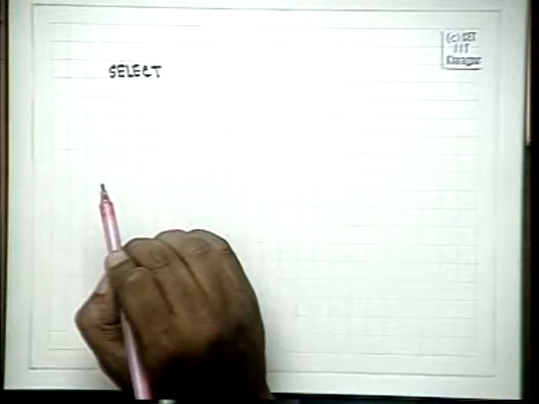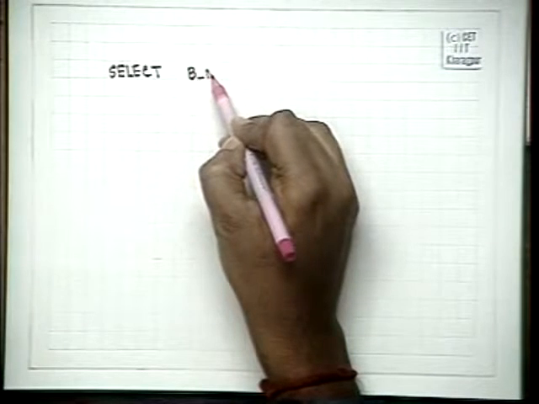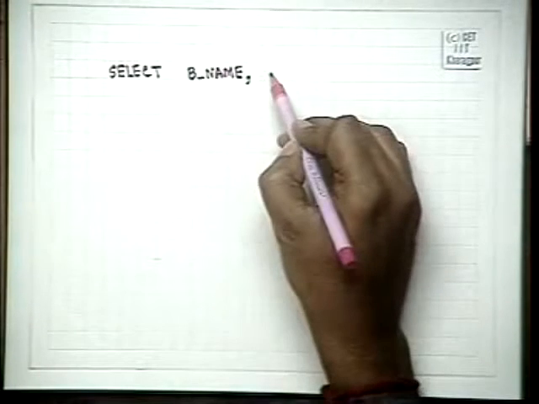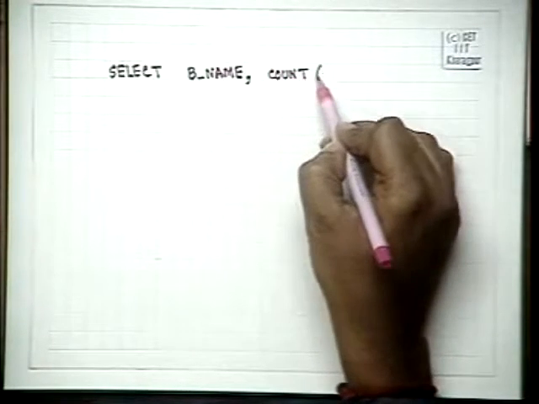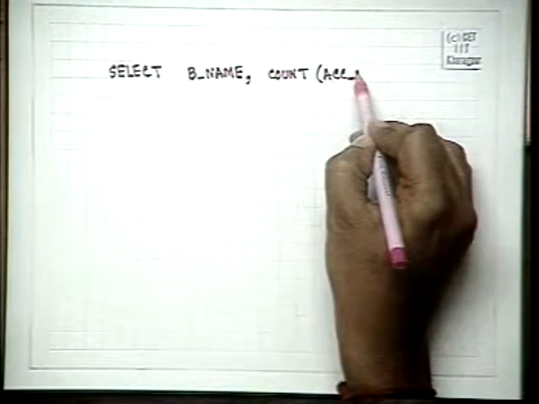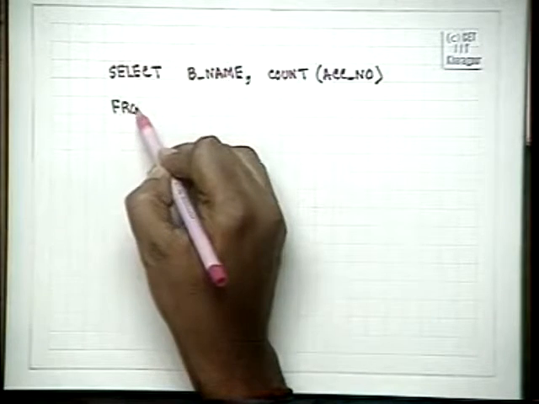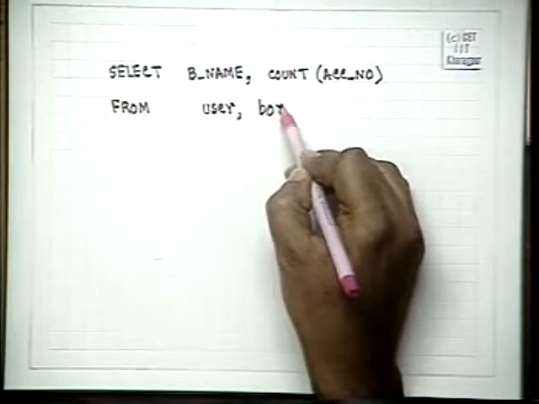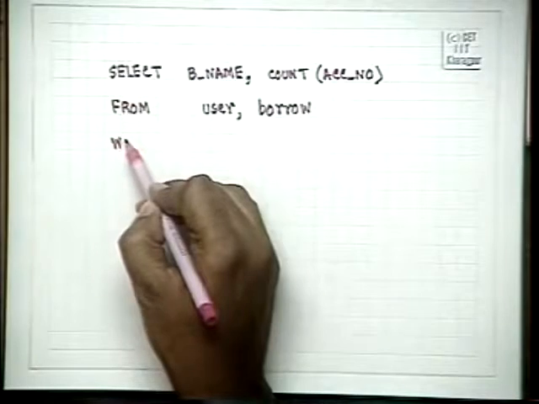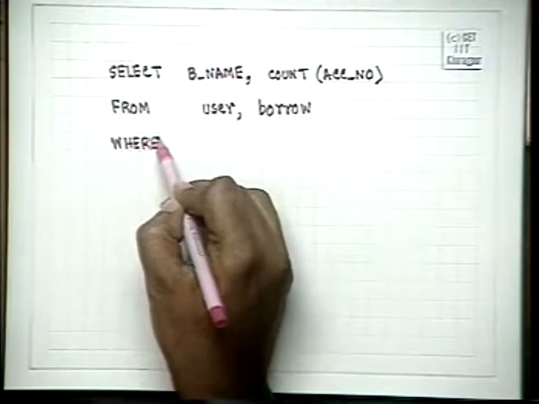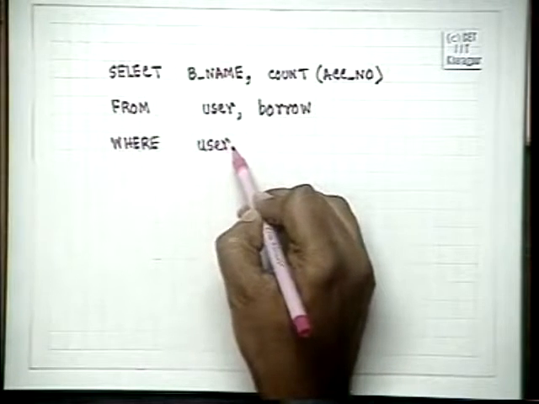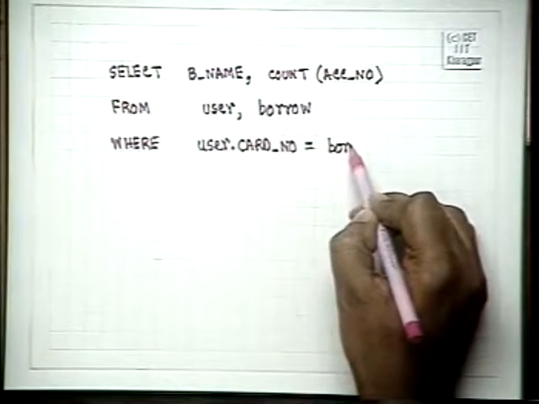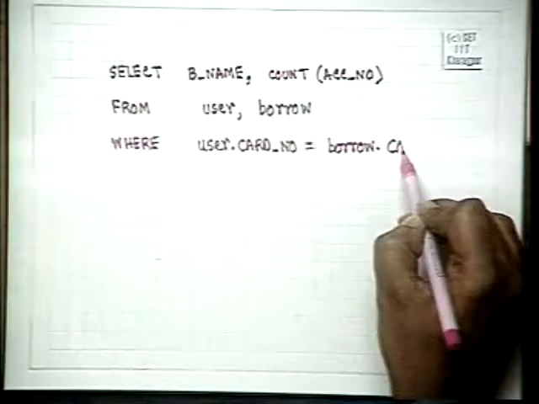Select B name, comma, count accession number from user, comma, borrow, where we have to do a natural join: user.card number is equal to borrow.card number.